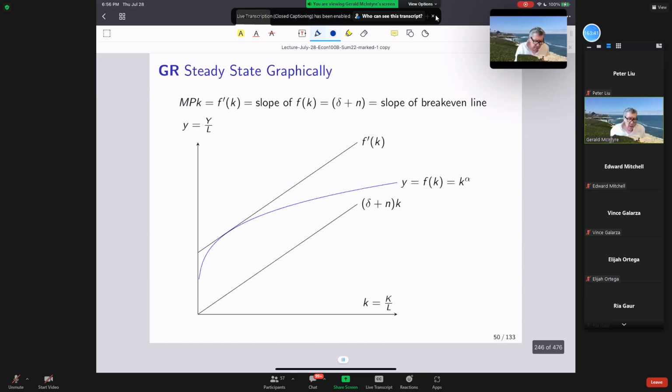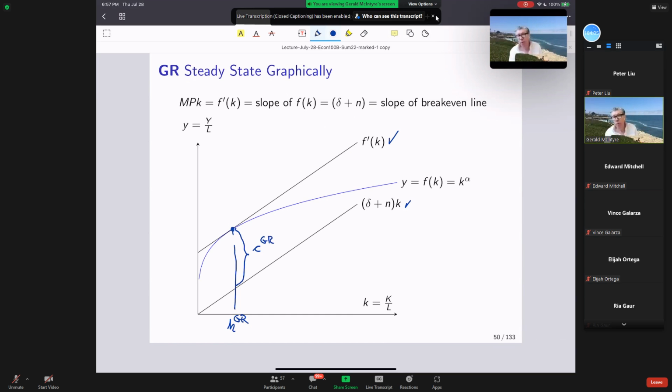So here we go. Here's the slope of the break-even line. Here's F prime of K. That's where they're equal. Here's the golden rule capital stock per worker. This will have to be CGR. That will have to be the maximum consumption that can be fit underneath that curve.